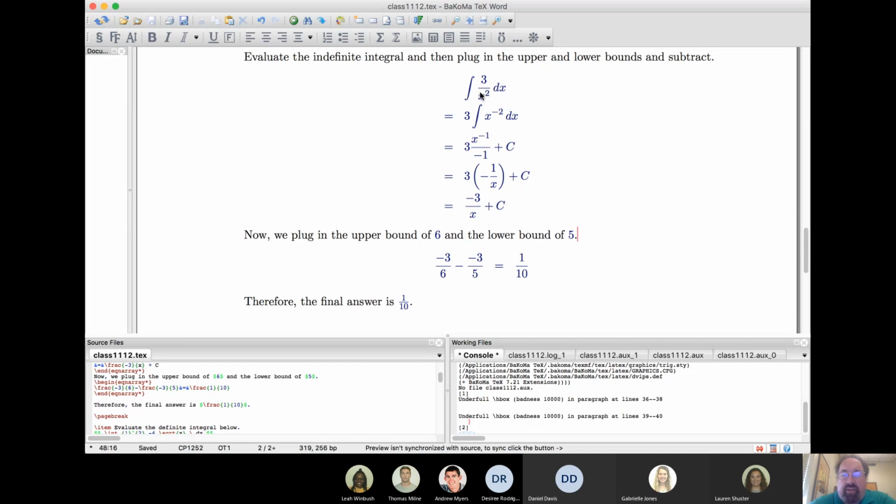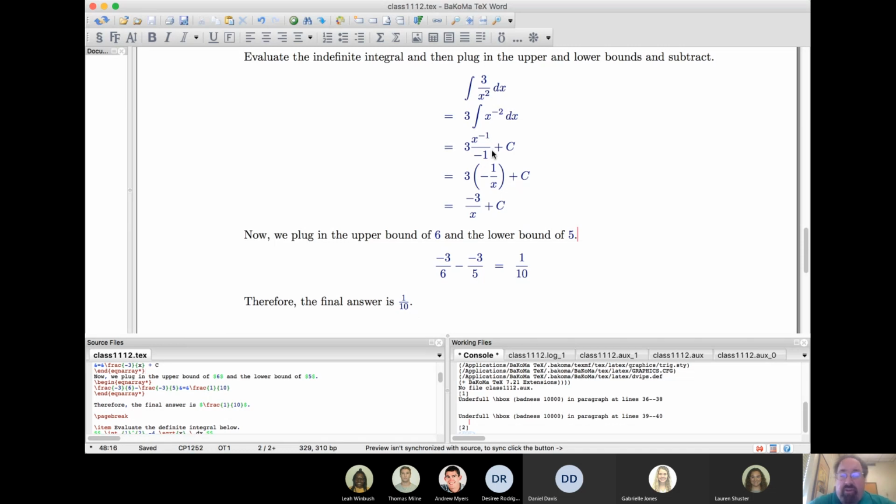One thing that's worth pointing out here is that this function is always positive because of the x squared. When you're carrying out the definite integral of a function that's always positive, the integral should also be positive. So if you worked this out and got something negative, then you would know that you made a mistake.